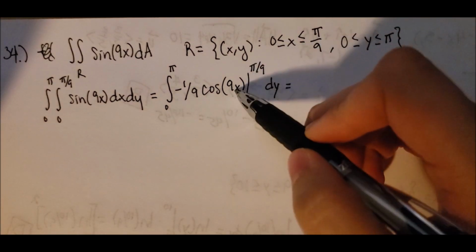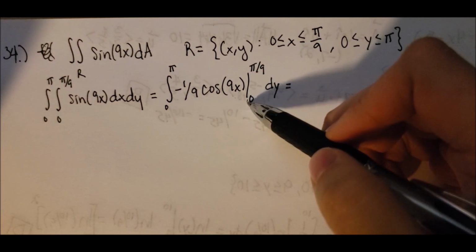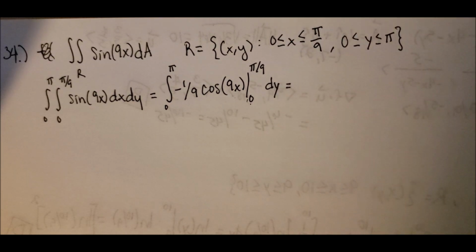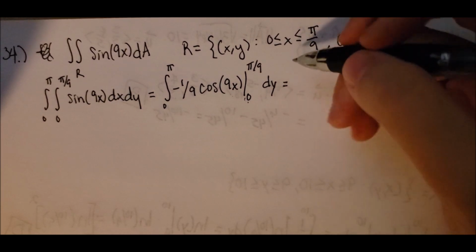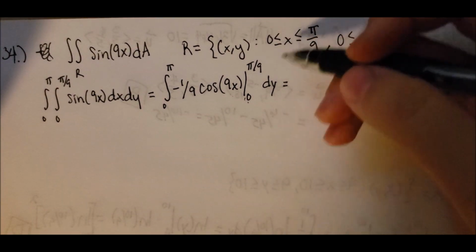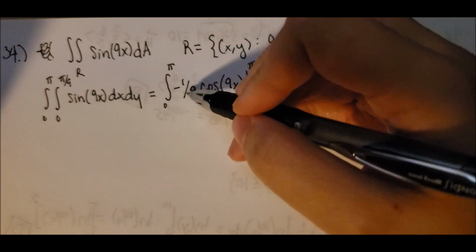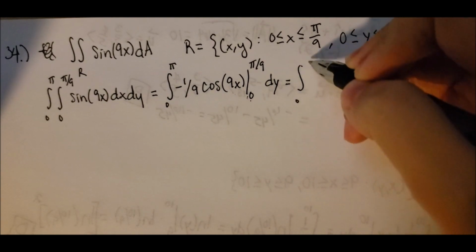So that's going to be cosine of pi, which is -1. And then cosine of 0 is 1. So that's going to be -1/9 times -1 is +1/9.